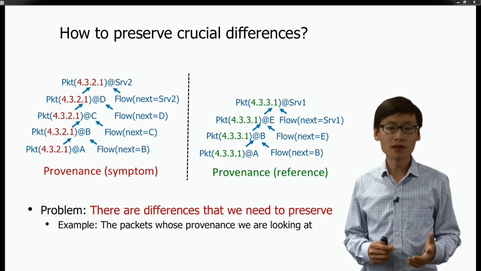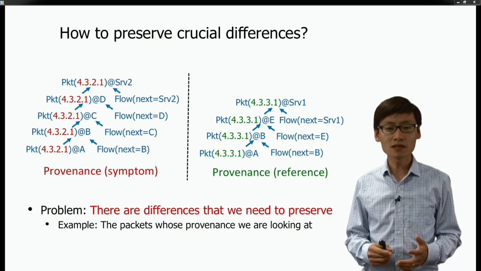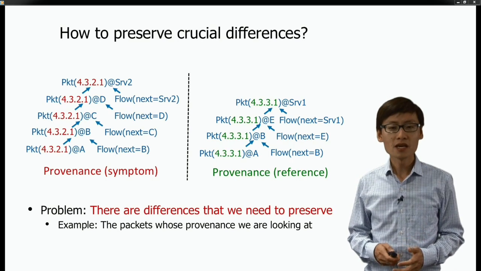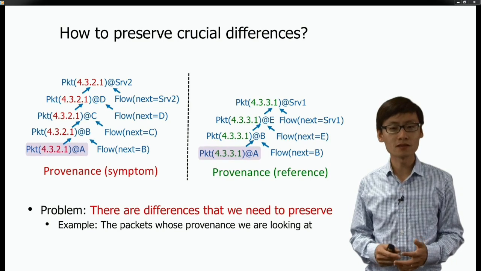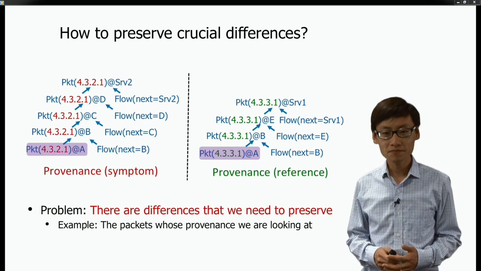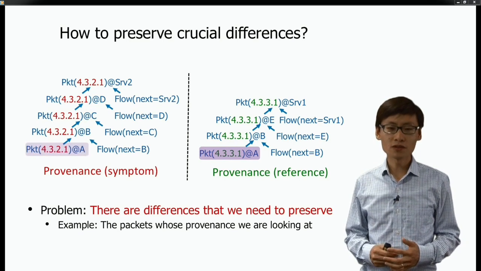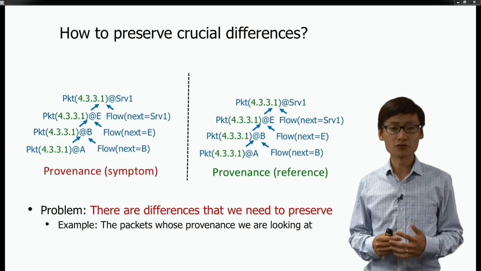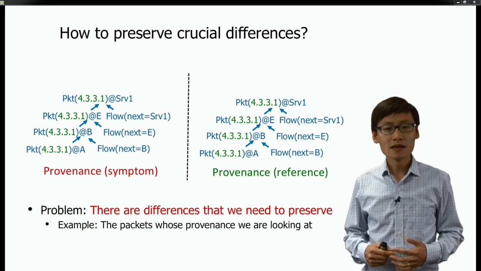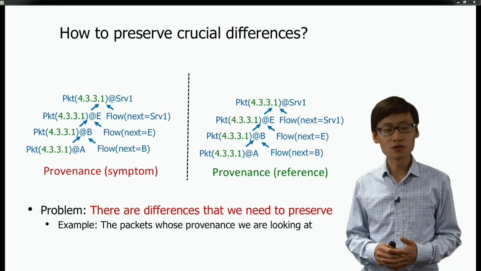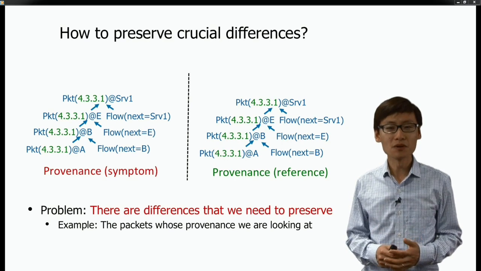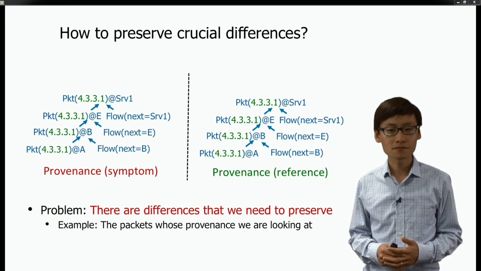If we apply the algorithm directly to those provenance trees, it would actually identify the two packets to be different. Of course, the algorithm will change the red packet to the green packet, and when we roll forward the execution, the two trees will be identical. But this is not what we want.